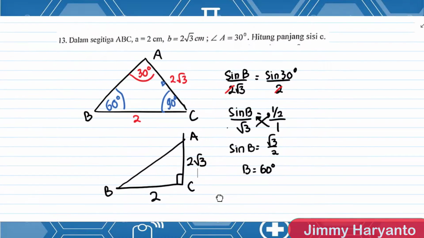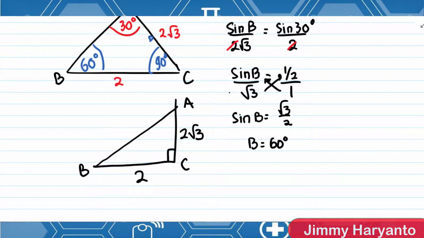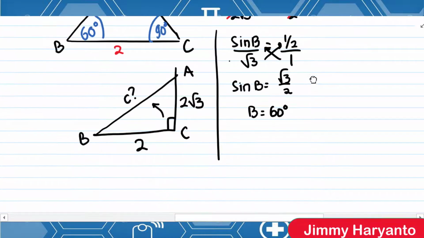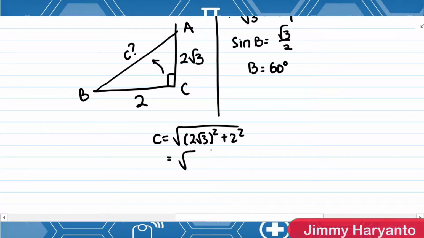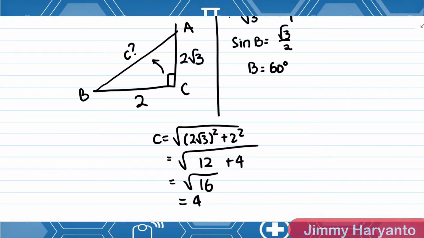The question wants us to find the length of small c, the hypotenuse. Let's find c using the Pythagoras theorem only, we don't need trigonometry. So c equals square root of (2 square root of 3) squared plus 2 squared, which is square root of 12 plus 4, equals square root of 16. So the length of c is 4 centimeters.